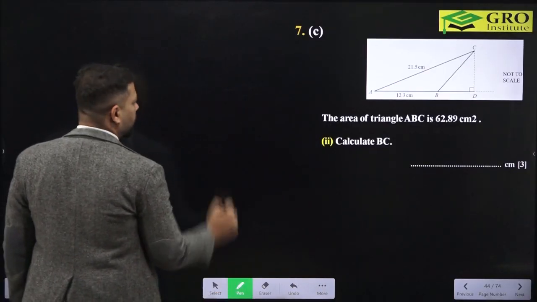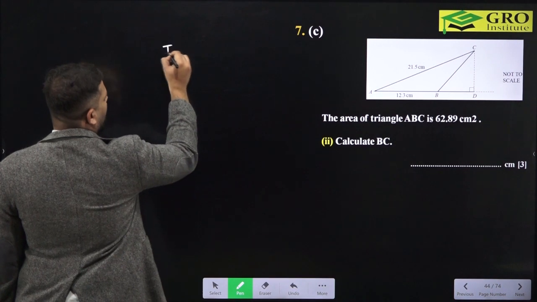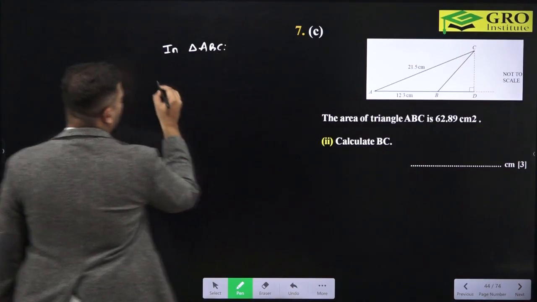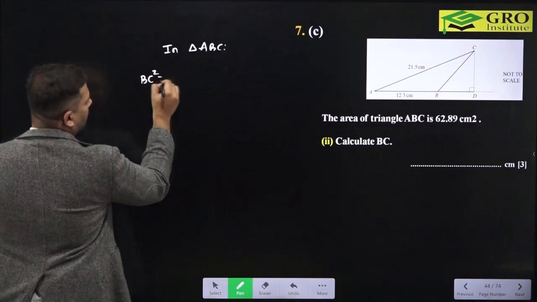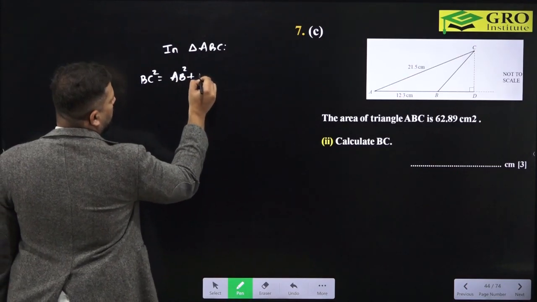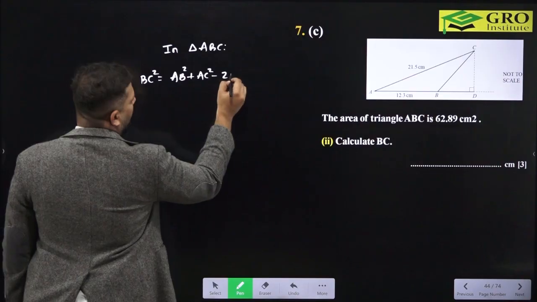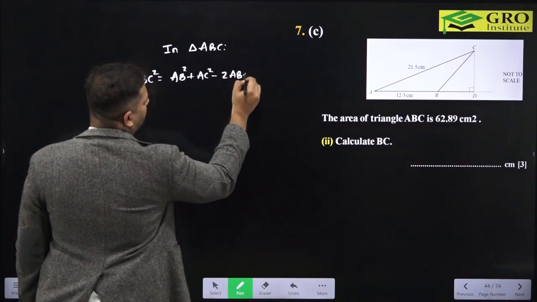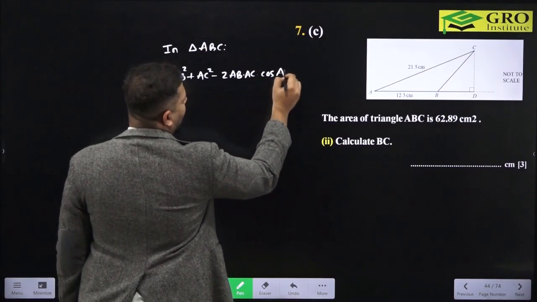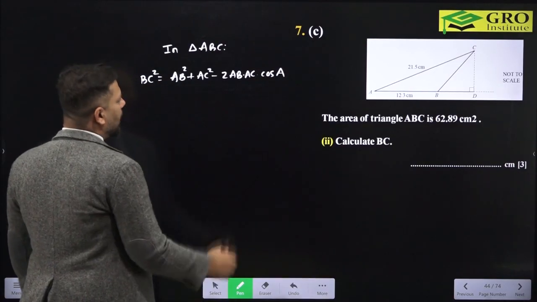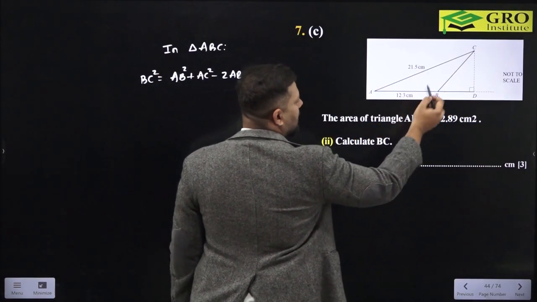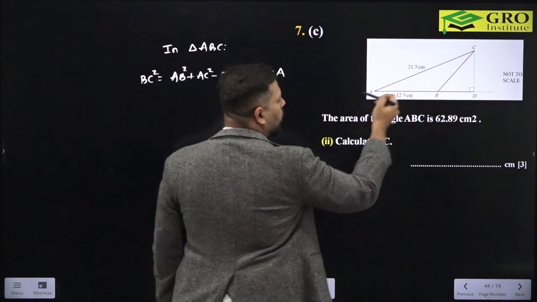The formula for that would be, in triangle ABC, BC square is going to be equal to AB square plus AC square minus twice of AB times AC times cos of A. This is what the formula looks like.